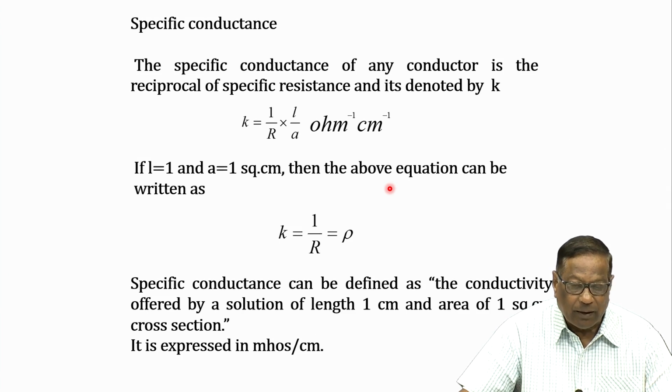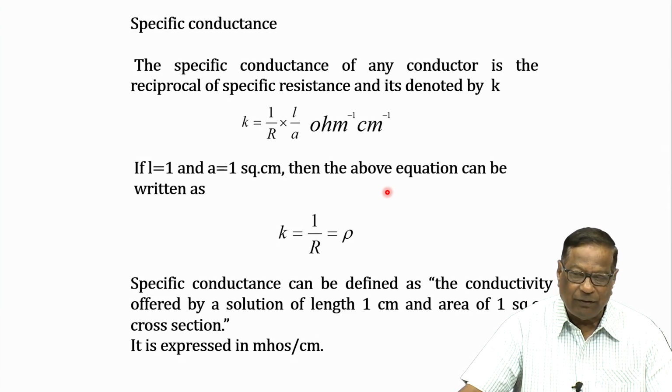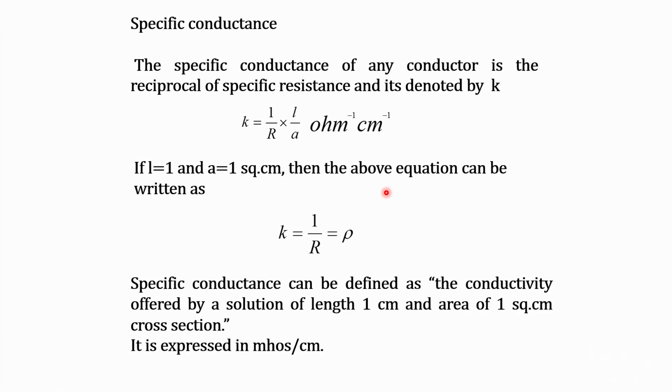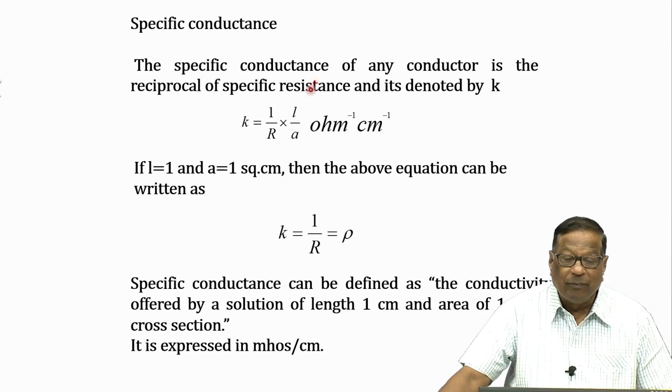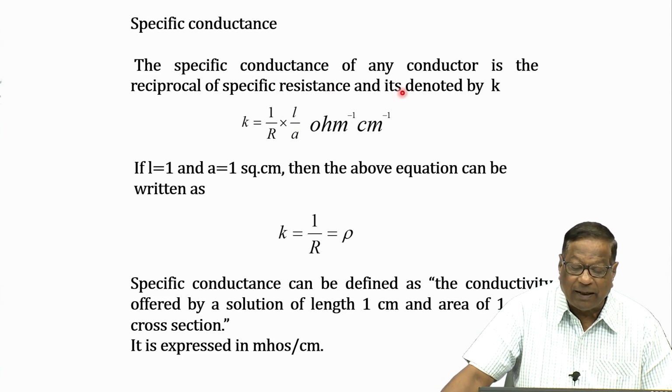Then we can define what is known as specific conductance. The specific conductance of any conductor is the reciprocal of the specific resistance. It is very simple. We know what resistance is, and the inverse of resistivity is nothing but the specific conductance.